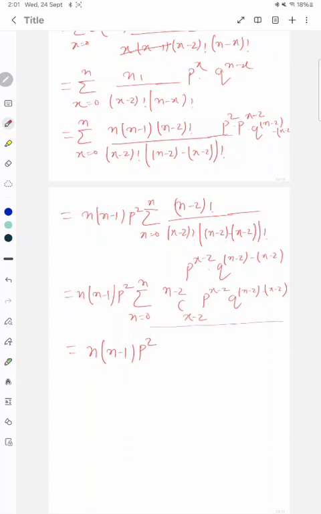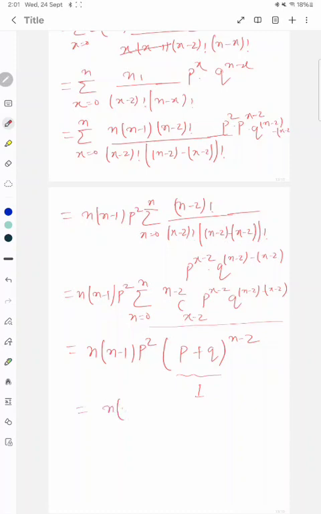This is the a term and this is the b term. So it became (p + q)^(n minus 2), and this is equal to 1, since everything power 1 equal to 1.